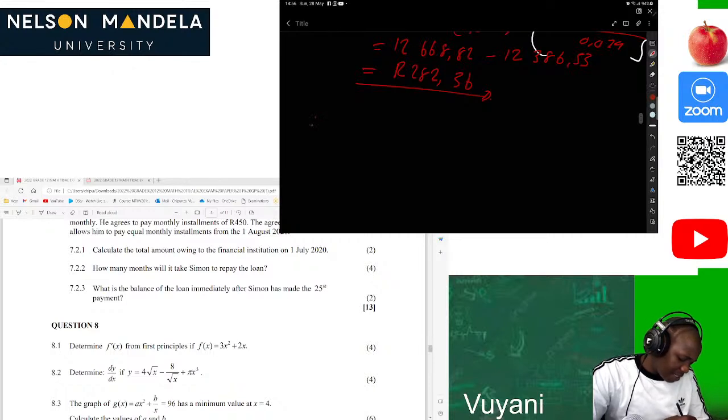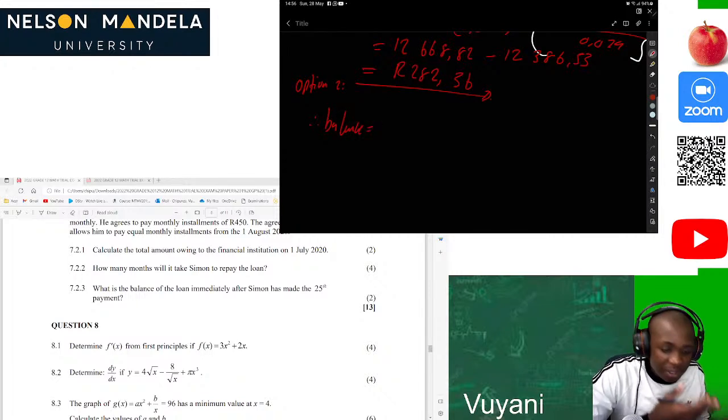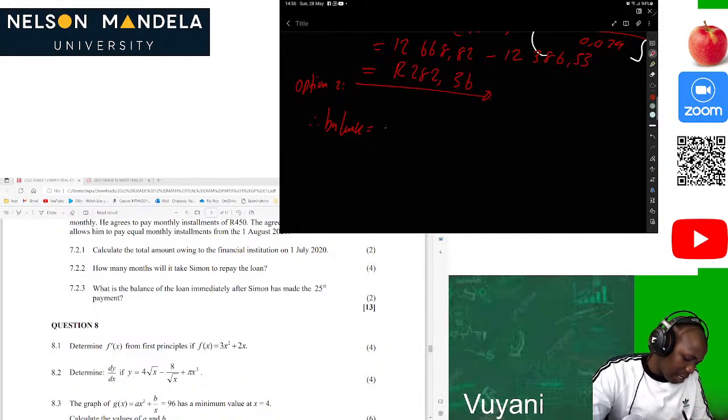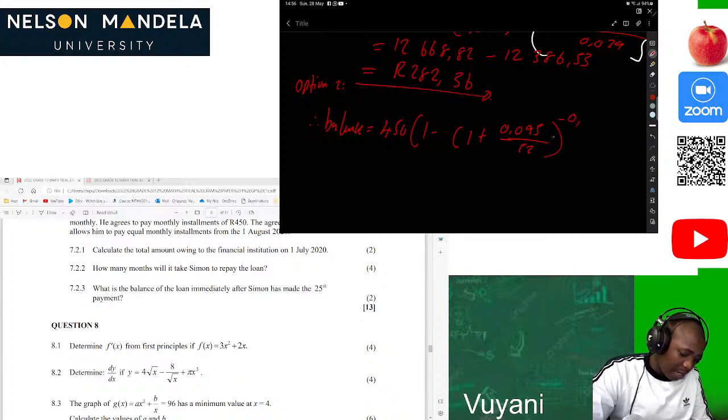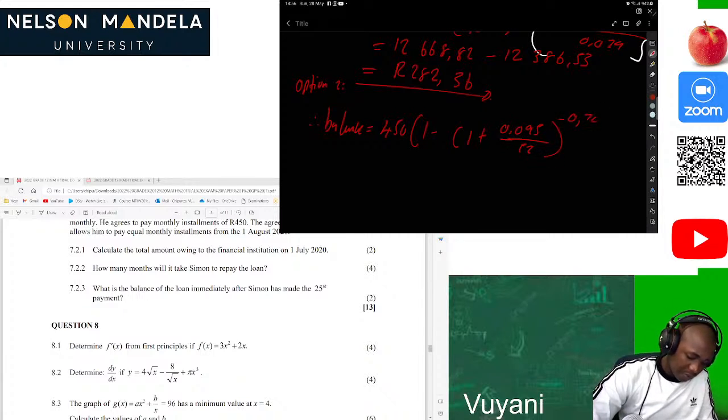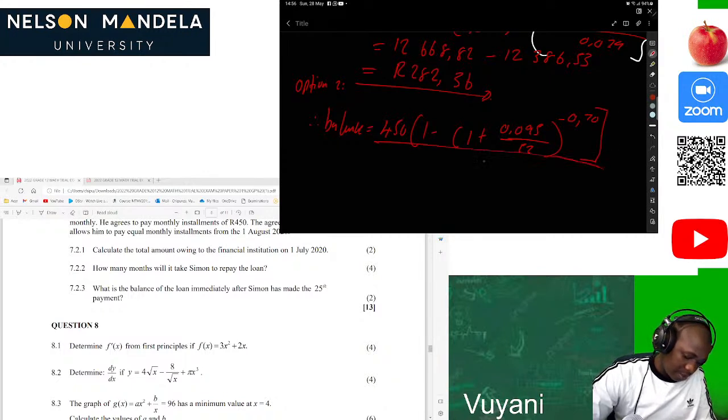Okay, so other one can say that balance, let's say option 2. Other one can say balance is equal to, again, I said we use the formula P is equal to for calculating the balance. So we have 450 times 1 minus (1 plus 0.095 divided by 12) to the power negative 70 divided by 0.095 divided by 12.